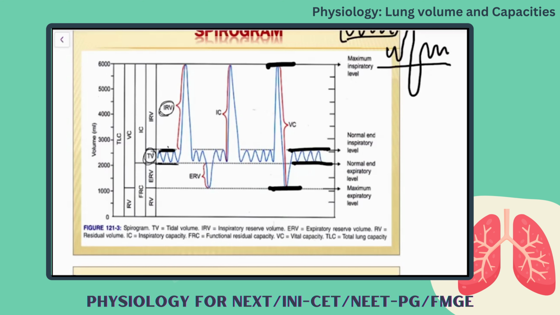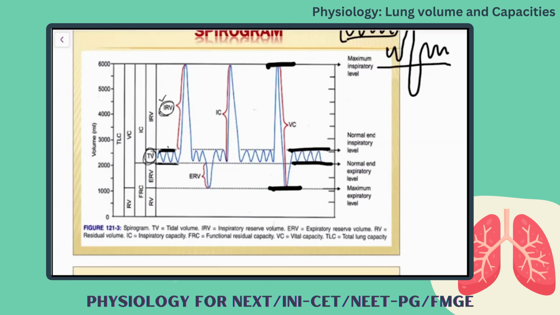It is the volume of air which is inspired more than the tidal volume level, because tidal volume is within the normal limit. So if you are inspiring more than the tidal volume level, the volume of air which is entering into the lungs more than the tidal volume level is the inspiratory reserve volume.